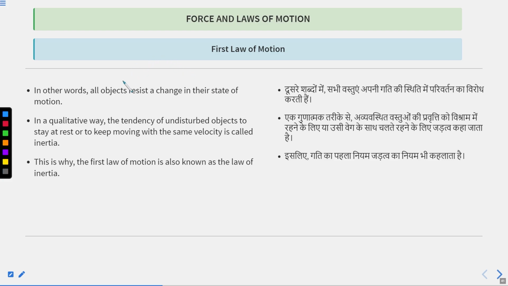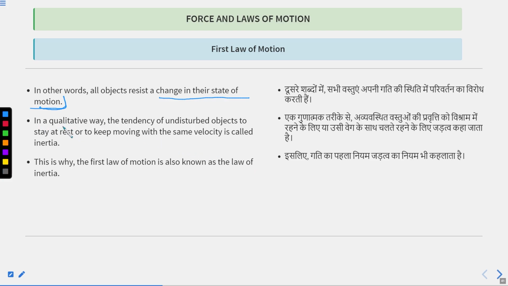In other words, all objects resist a change in state of motion. This is the simplest form of the first law: if any object is in motion, it wants to stay in the motion state, and if an object is at rest, it wants to stay at rest. They do not want to change their state. If you want to change its state, you have to apply force.